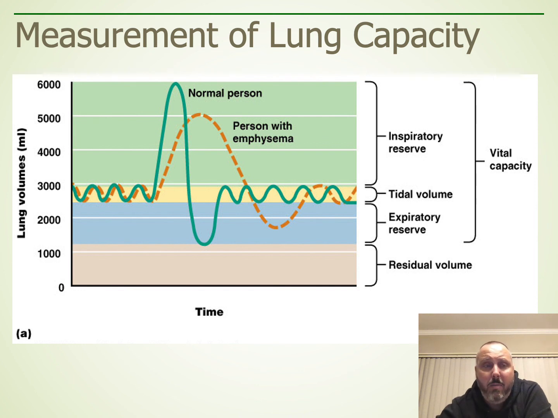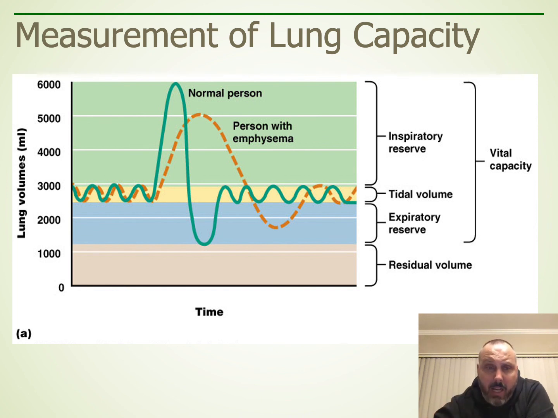If you look at that line, the tidal volume is the normal amount of air you breathe in and out within your normal respiratory cycle. The top and the bottom of the graph, where the green line goes up to and down to, show your inspiratory and expiratory reserves. If you were to breathe in as much as you can, that's how much air you could get in.